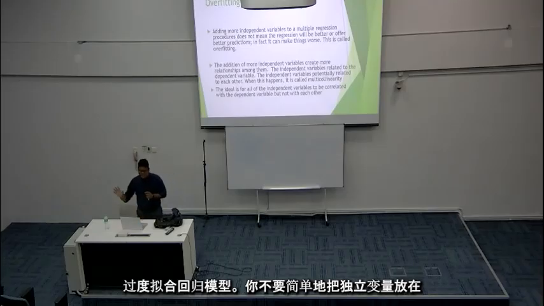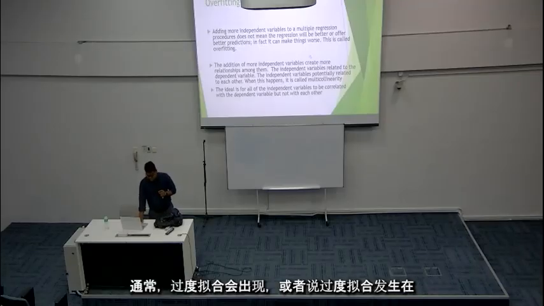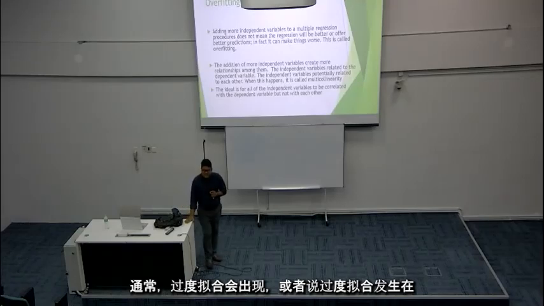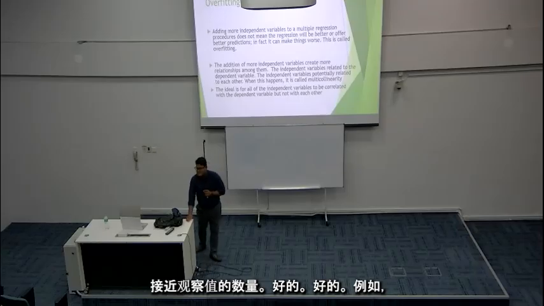Don't simply put in independent variables that do not have a significant impact on the model. Normally, overfitting happens when there are too many predictors, when you are considering too many independent variables, approaching the number of observations.